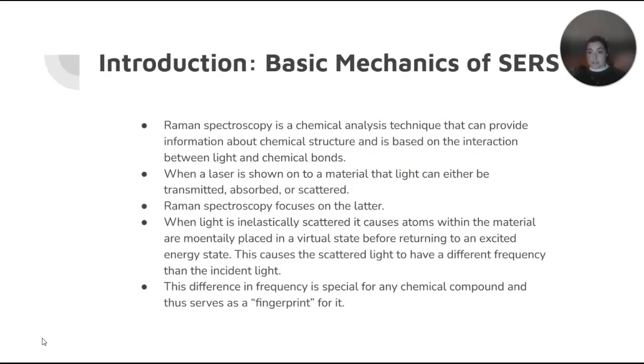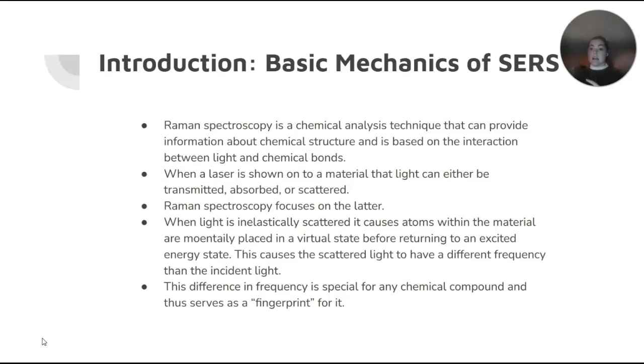But when this scattering happens, it causes the light to have a different energy and a different frequency than the incident light. And Raman spectroscopy detects these shifts called Raman shifts. Shifts in intensity are what this detector is monitoring.